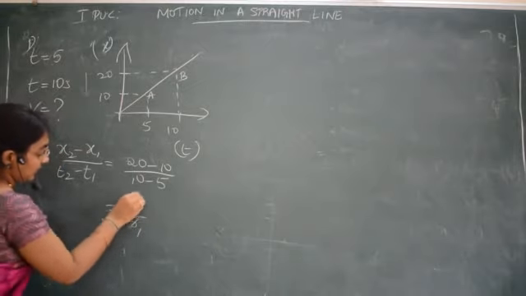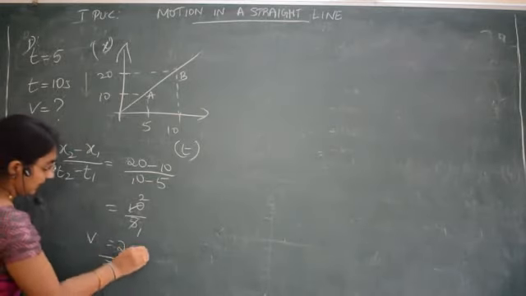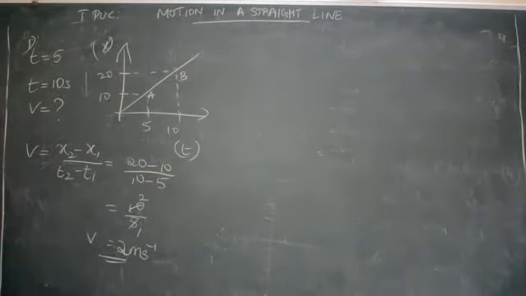So velocity is equal to 2 meter per second. Correct? Understood? It's very easy, right?